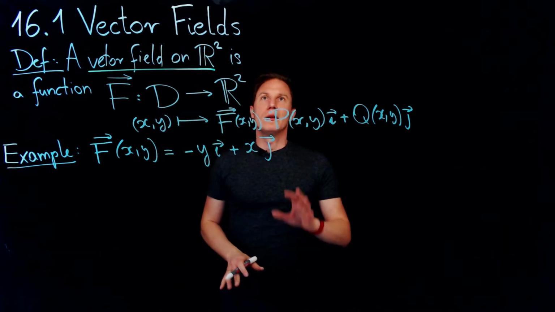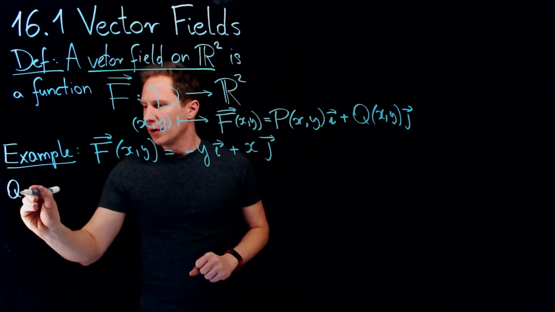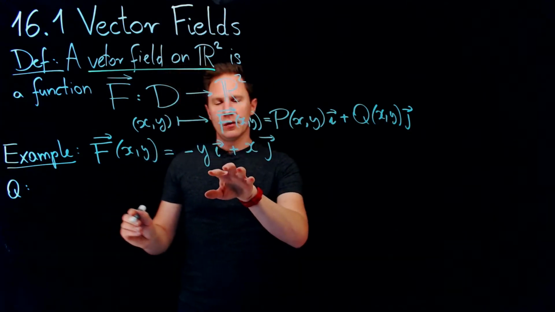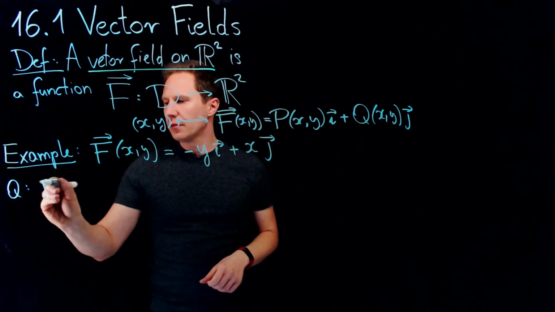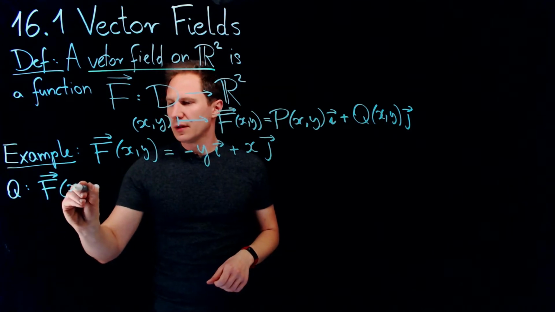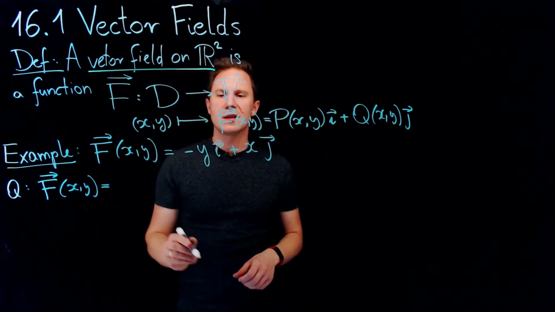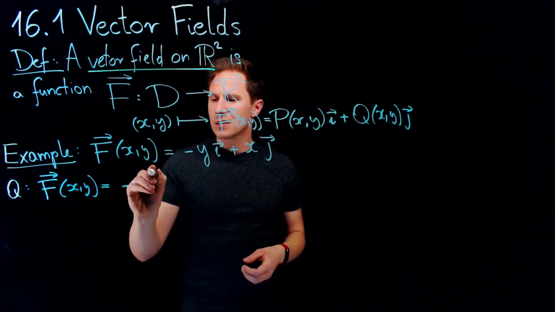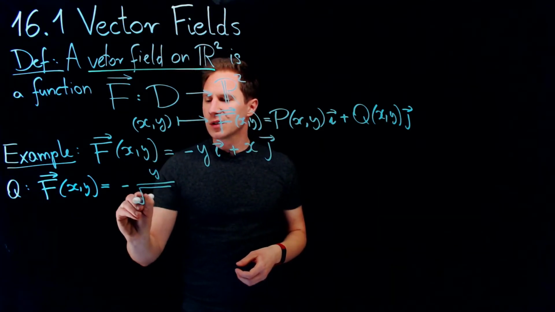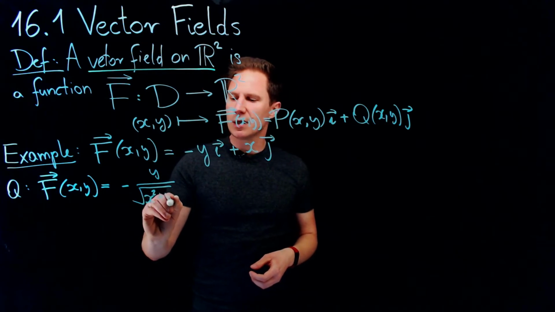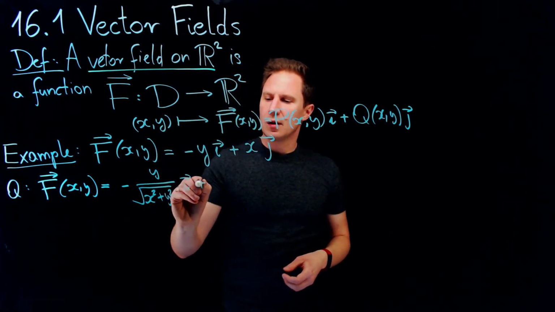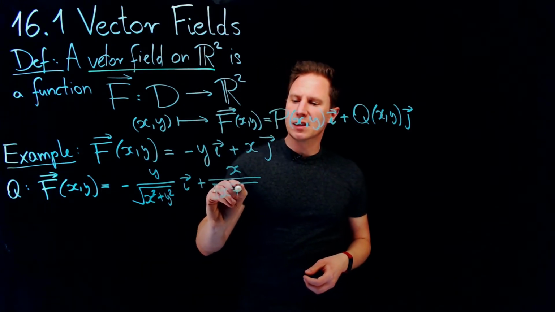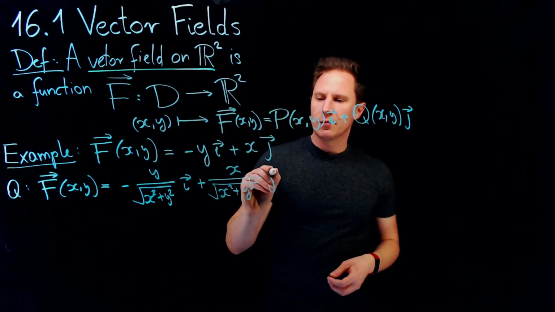Let me ask you a question perhaps at this point. Let's consider a slightly modified version of this vector field that I've just shown you, where instead of minus y and x, we have minus y over the square root of x squared plus y squared times i, plus x over the square root of x squared plus y squared times j.